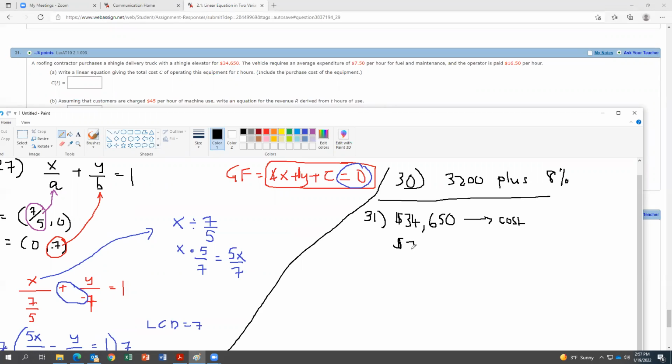So this is also a cost, because it costs a company to buy the vehicle, and it costs a company to run this vehicle. And then the operator is paid $16.50. So this is also a cost.